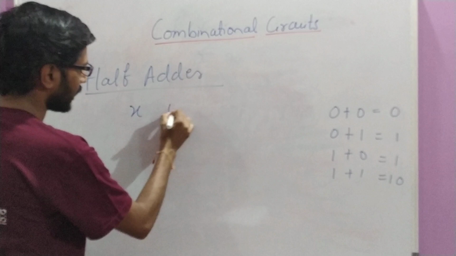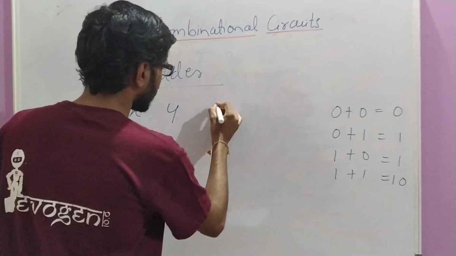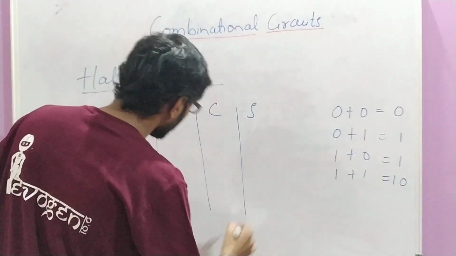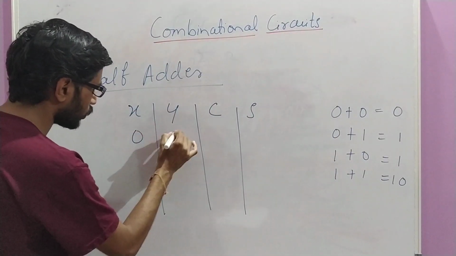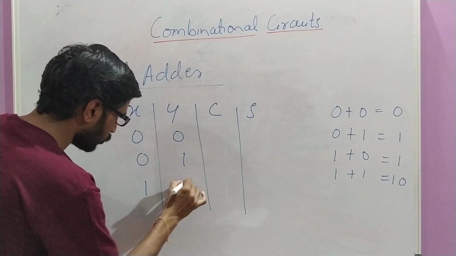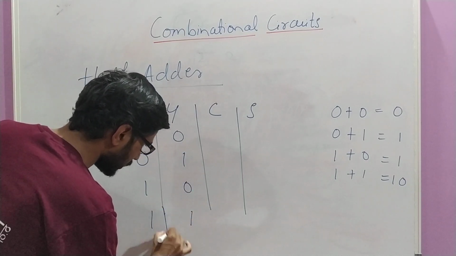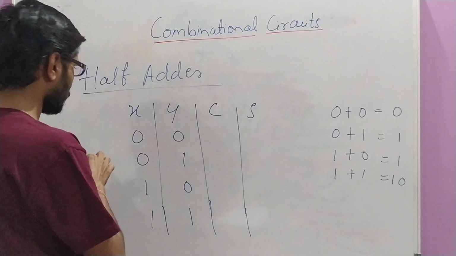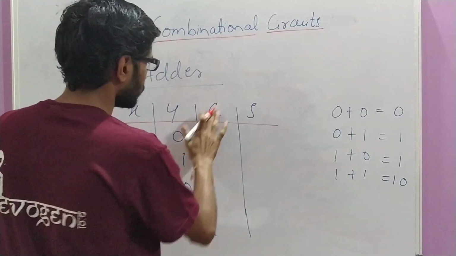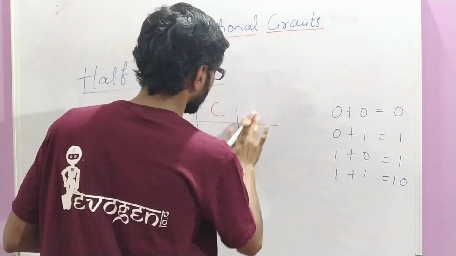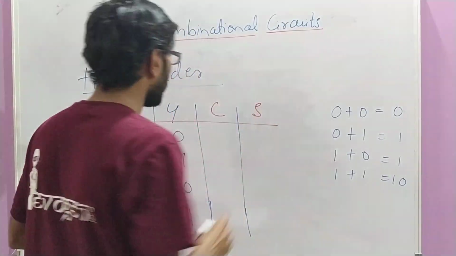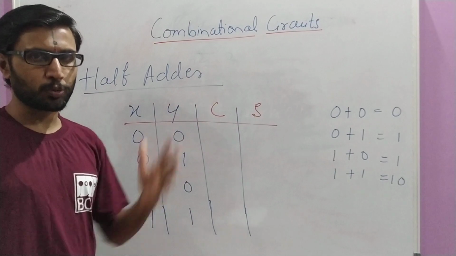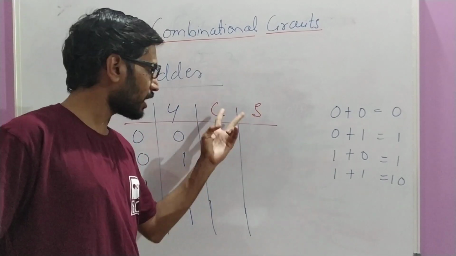Let us take x and y as the inputs and carry and sum as the outputs. For the 2 bits we will have the combinations 00, 01, 10 and 11. These represent the inputs and these represent the outputs. We know that a combinational circuit consists of m inputs and n outputs, and here we have 2 outputs.